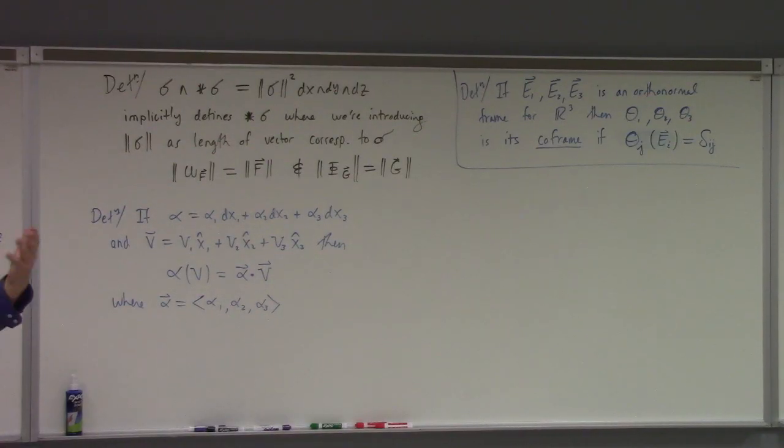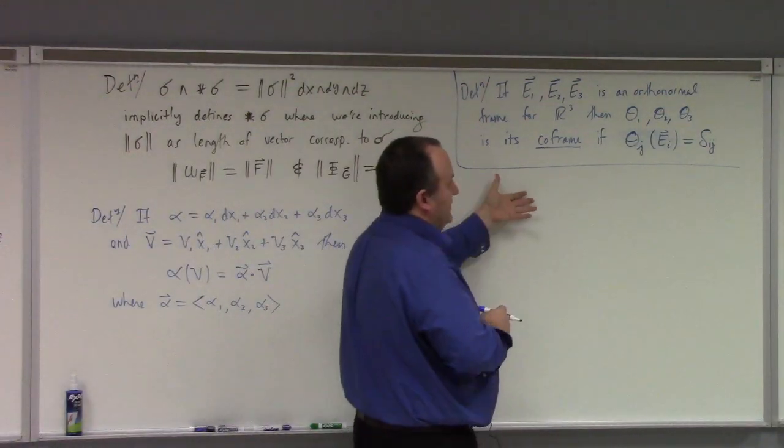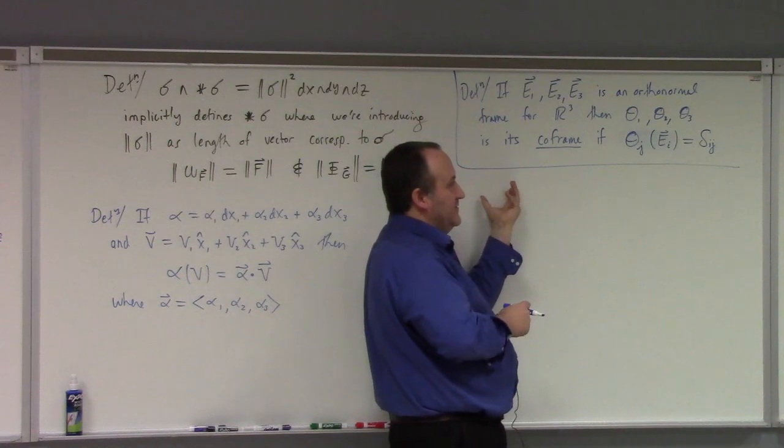Or the cylindrical frame, r hat, theta hat, z hat, right? These are unit vectors that are pairwise perpendicular, right? And the ones I just mentioned are right-handed frames because the cross product of the first 2 is the third, right?